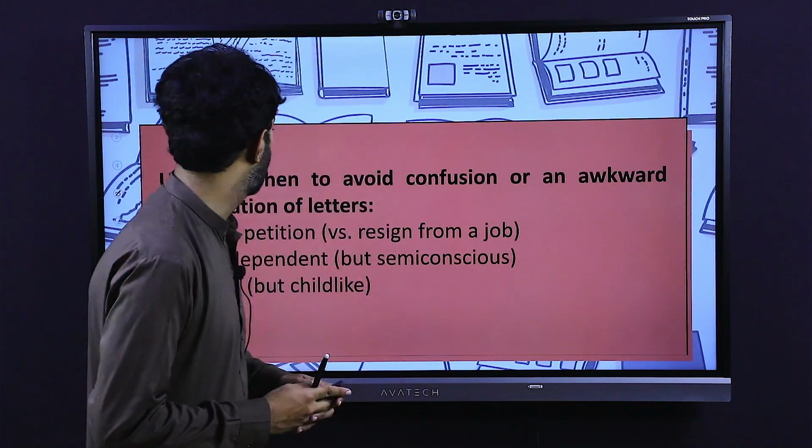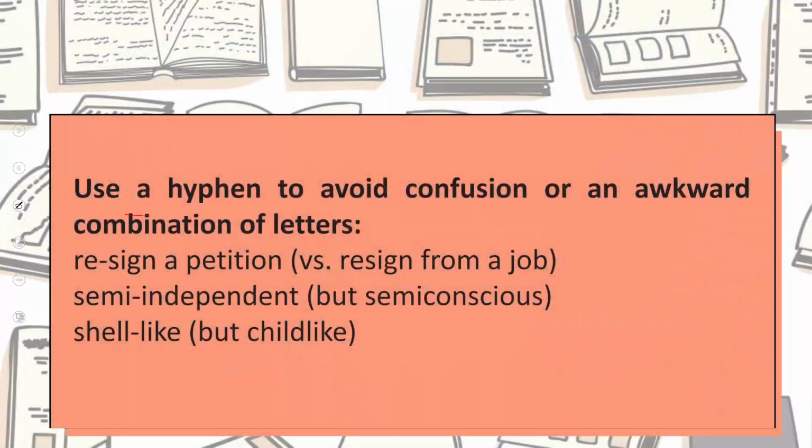Now, we also use a hyphen to avoid confusion or an awkward combination of letters. We don't want to confuse re-signing a petition versus resigning from a job. Re-signing a petition means that we are signing again. But you cannot say re-sign from a job, because here you do not need any kind of hyphen. This is resigning, leaving a job.